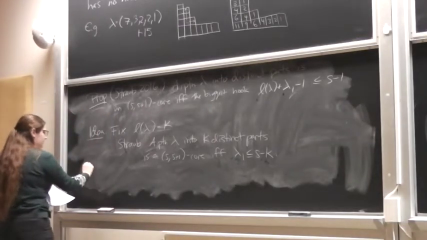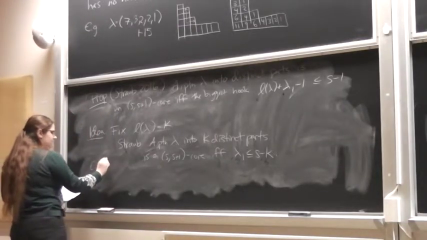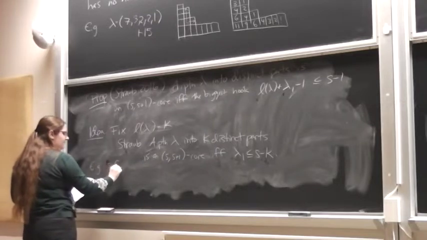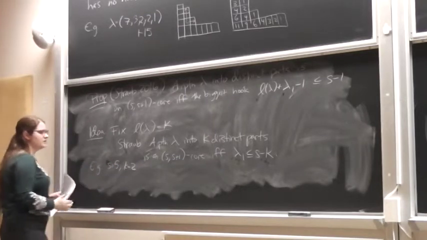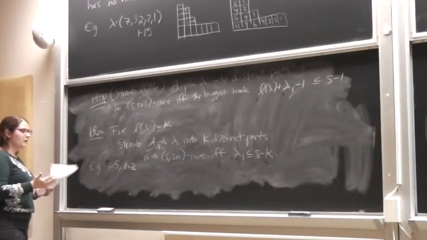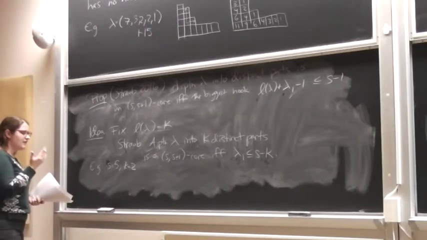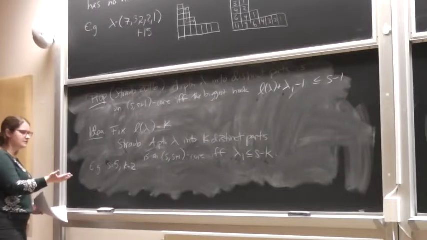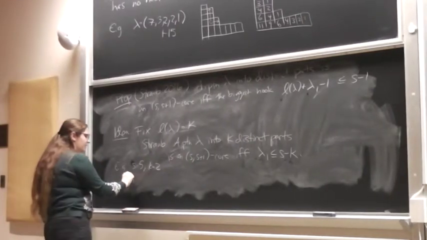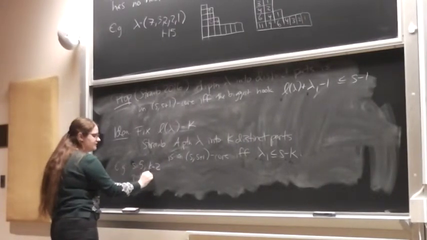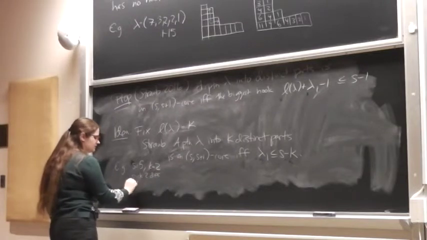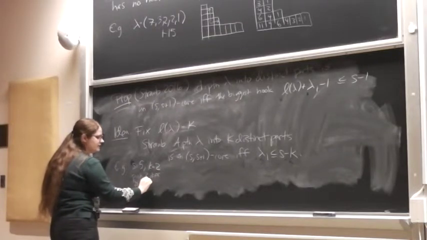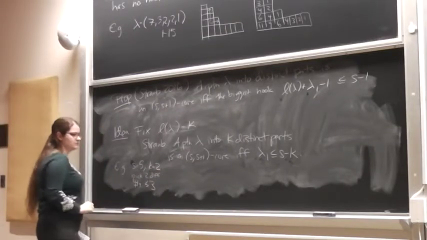So let's look just at a quick example. If s were 5 and k were 2, Straub is saying, what are all of the (5, 6)-cores into 2 distinct parts? All you have to do is pick 2 different numbers less than or equal to 5 minus 2.